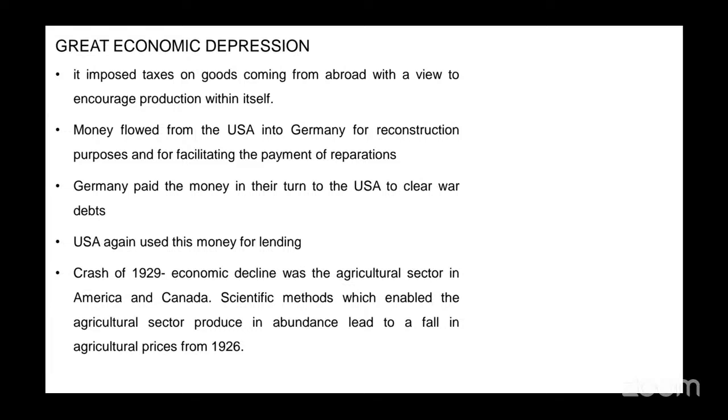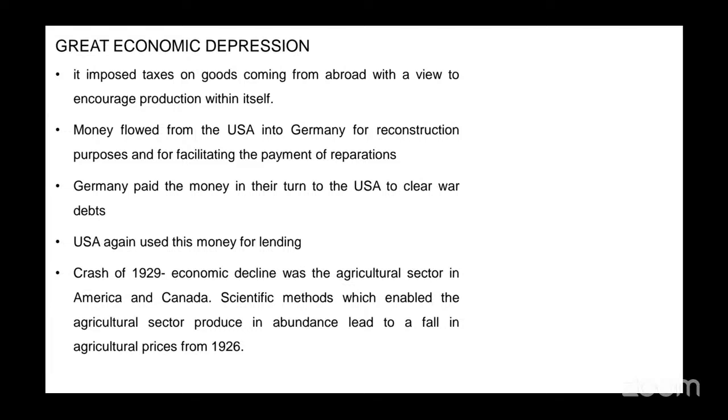And money flows from the USA to Germany. Due to the Treaty of Versailles, as a part of reconstruction or war reparations, Germany had to send money to France and England.